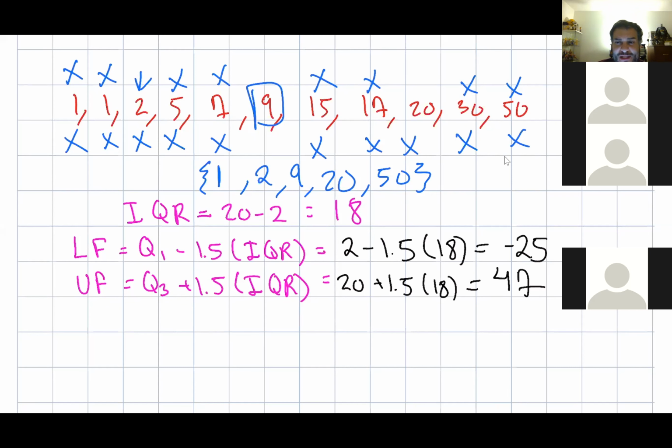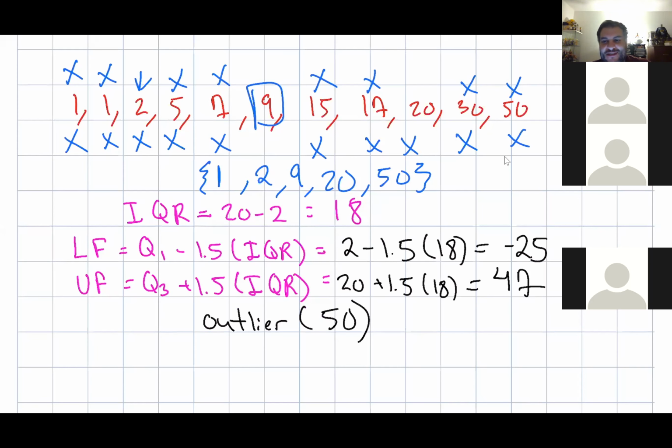All right, so which number is an outlier? Very good, perfect. The outlier is 50.